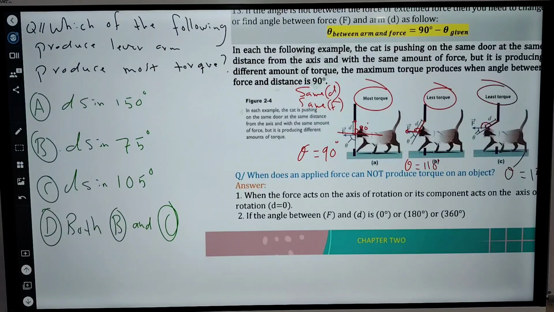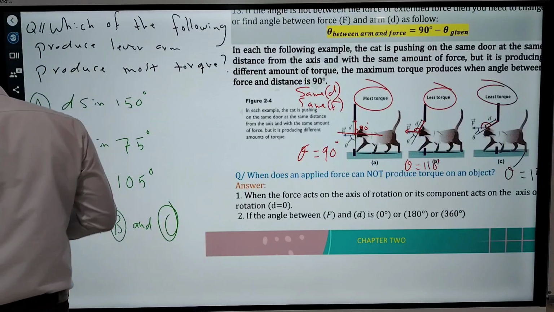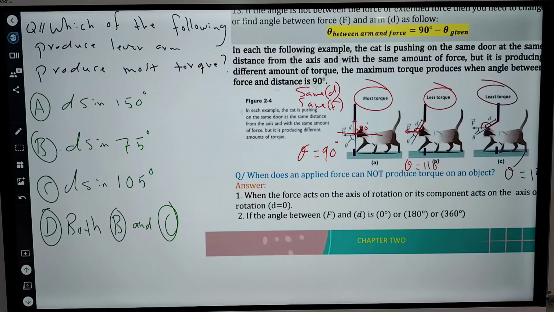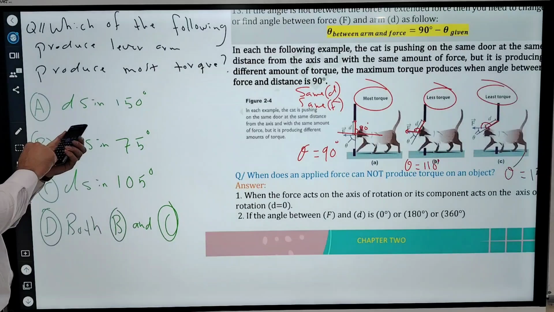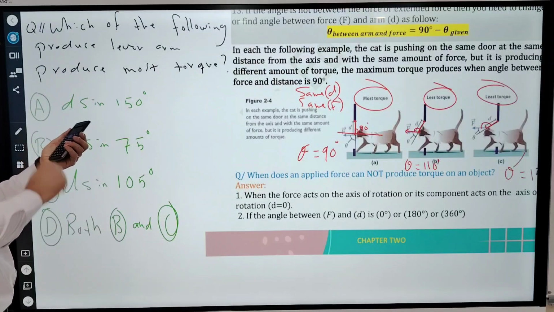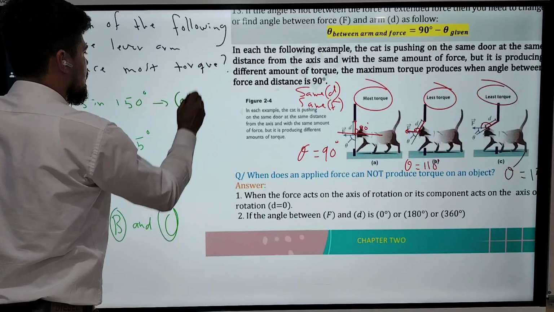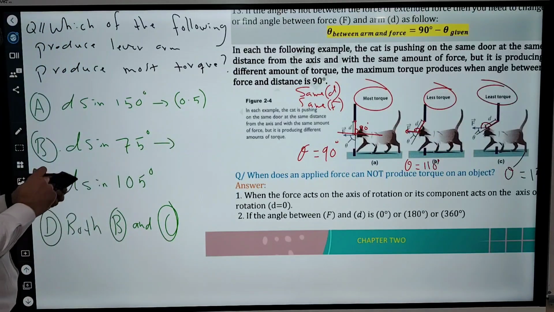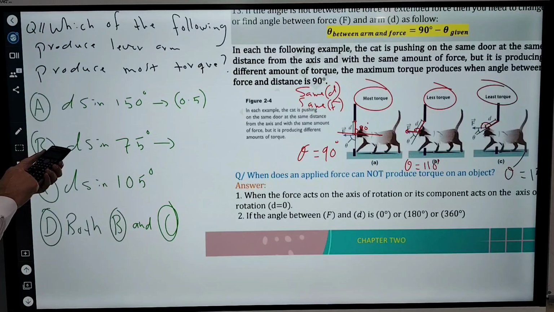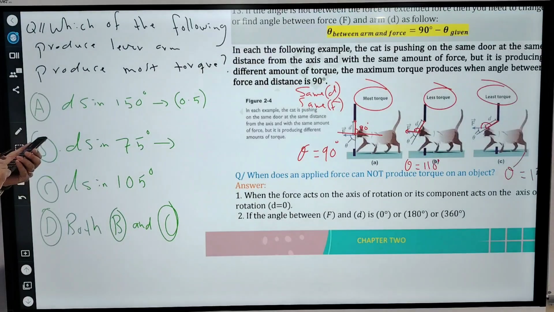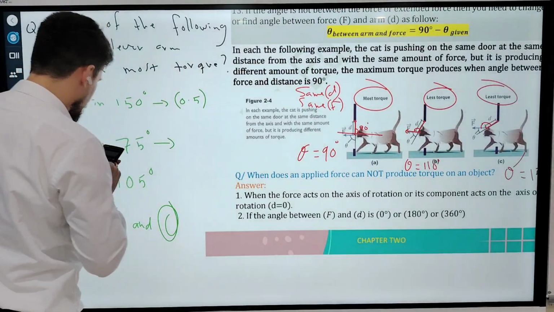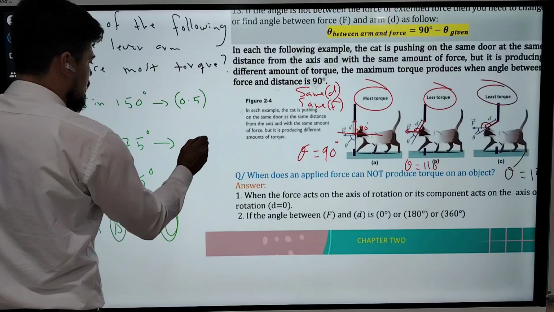In that case, you have to find the value of sine 150. What is the value of sine 150? We have to calculate by calculator, just a moment, sorry. Sine 150 is equal to half. Sine 75 is approximately 0.966.